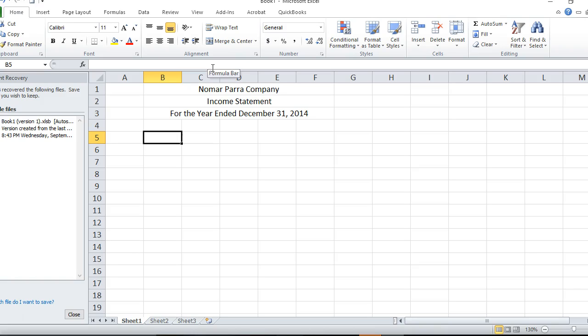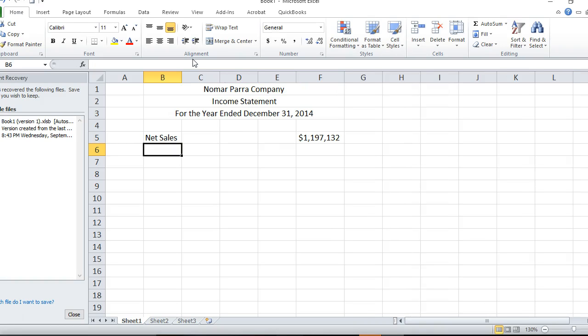Then, what's the first thing we're going to do for this multi-step income statement? Net sales. So the first thing we're going to show, net sales of $1,197,132. Then what is so unique about a multi-step income statement we're going to show?